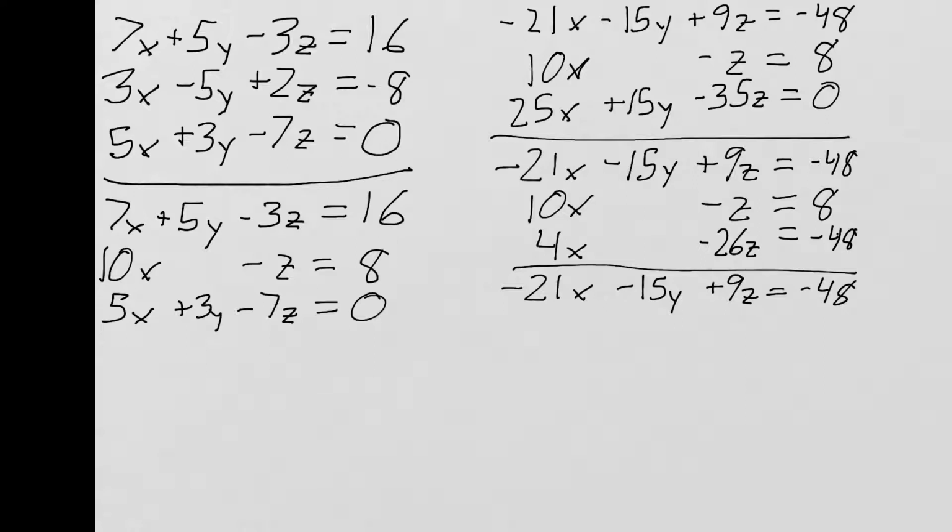That stays. Now multiplying the second equation by -26, so I get -260x plus 26z is equal to whatever 8 times -26 is.